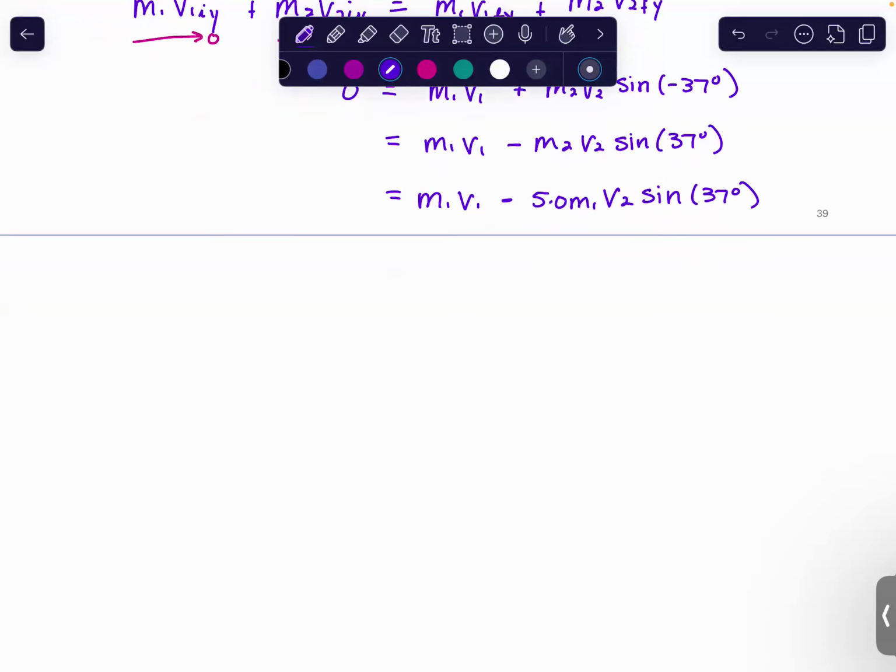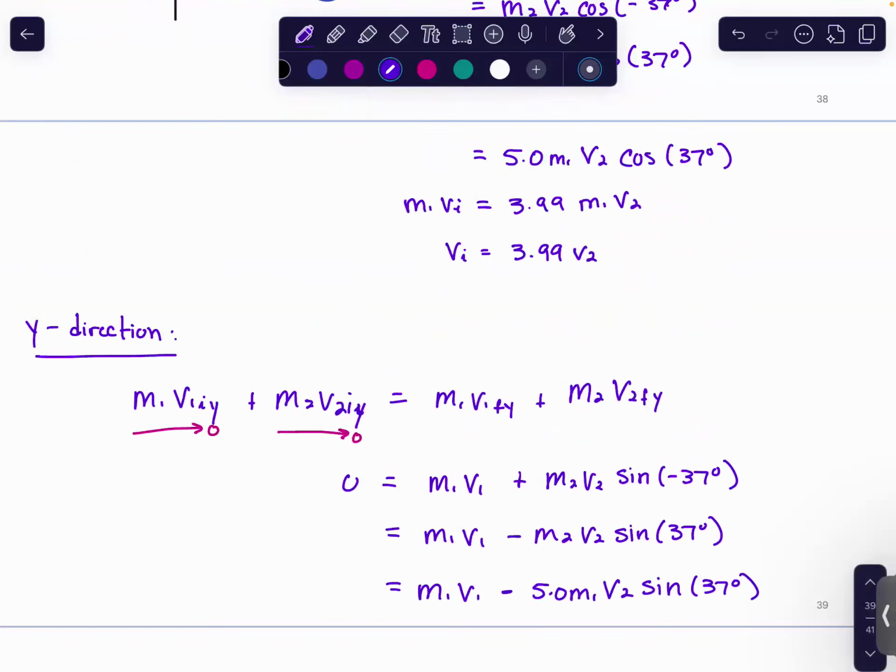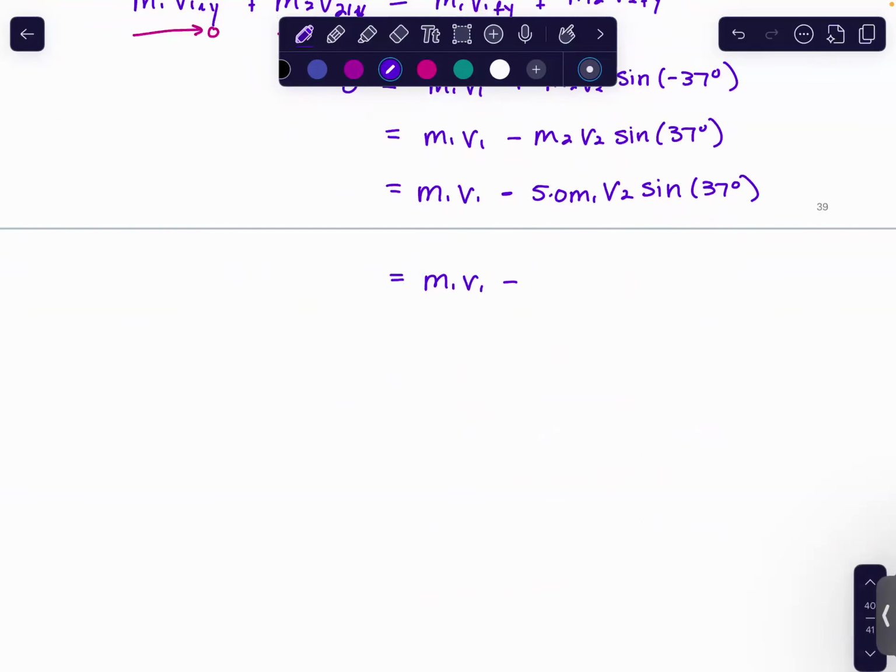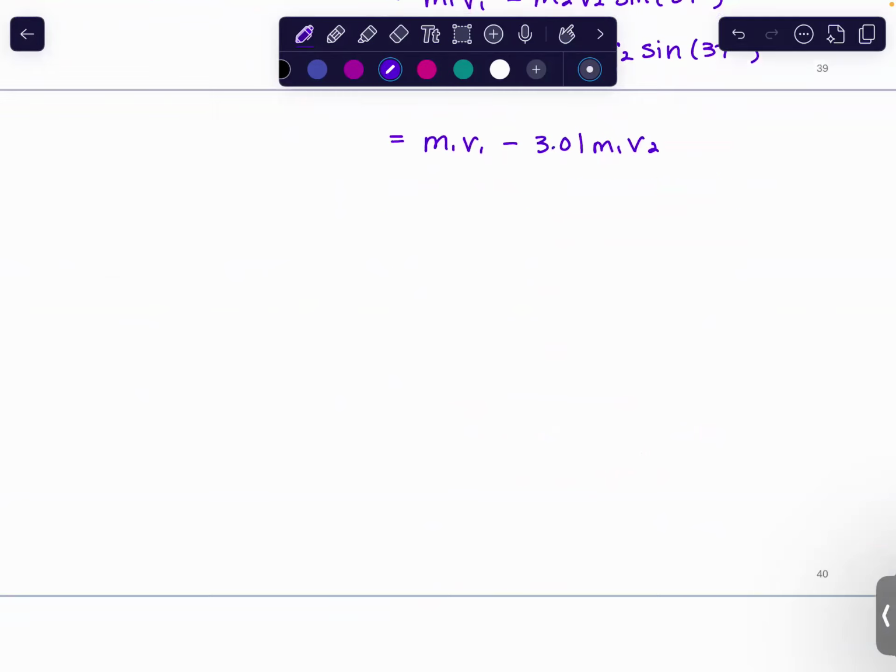All right, and then multiply 5 by the sine of 37. Now I can take the 3.01 across.